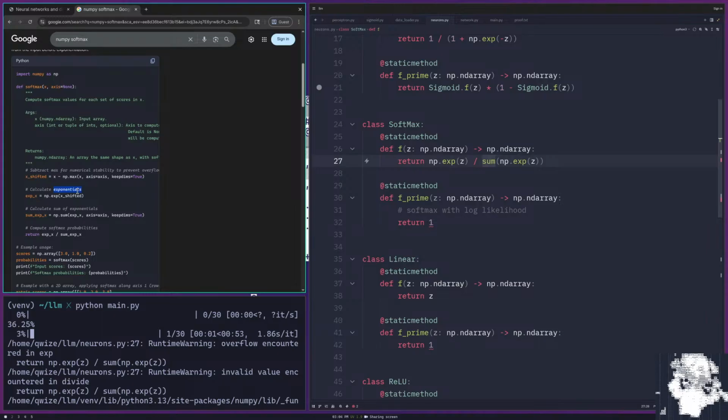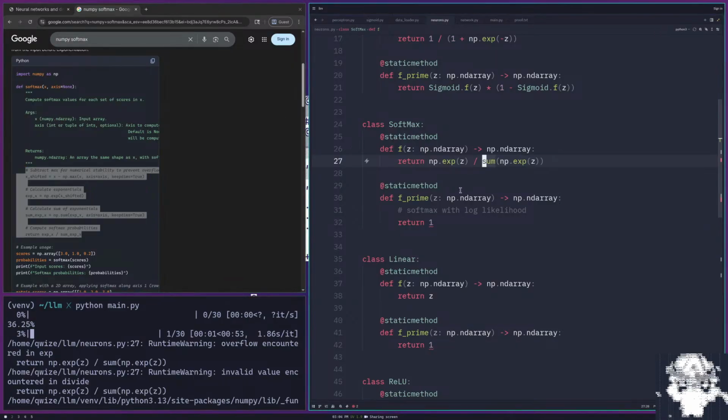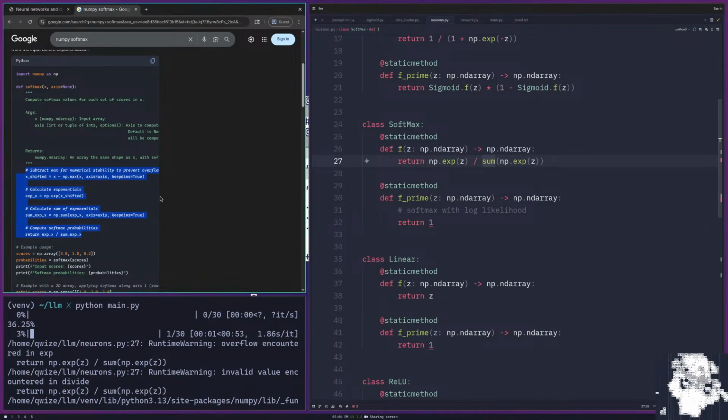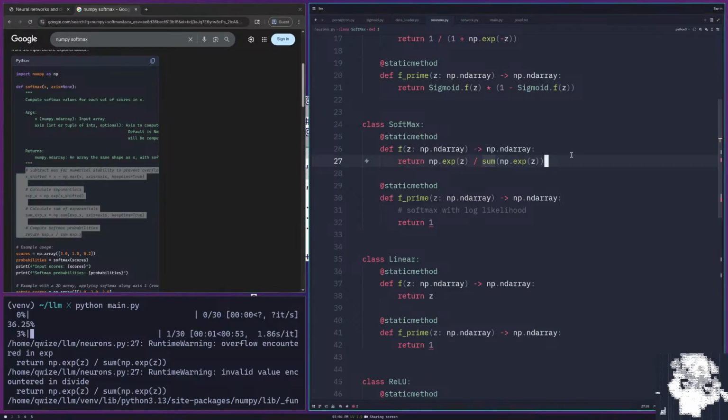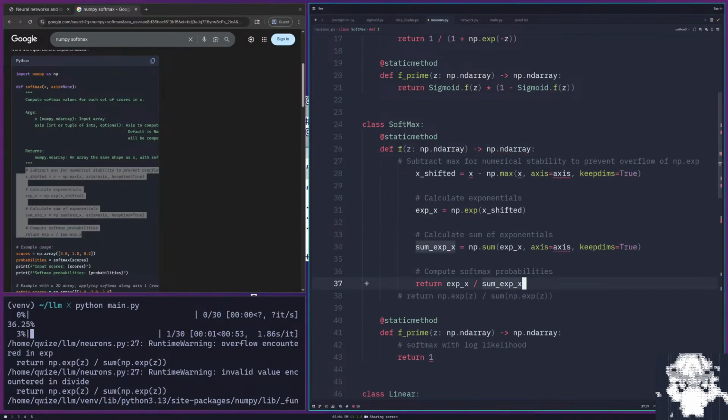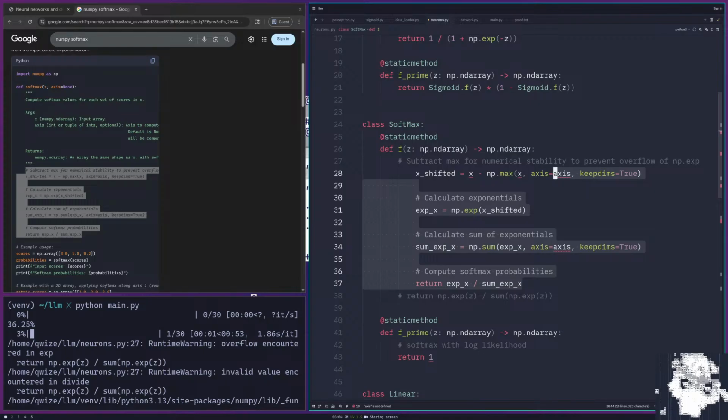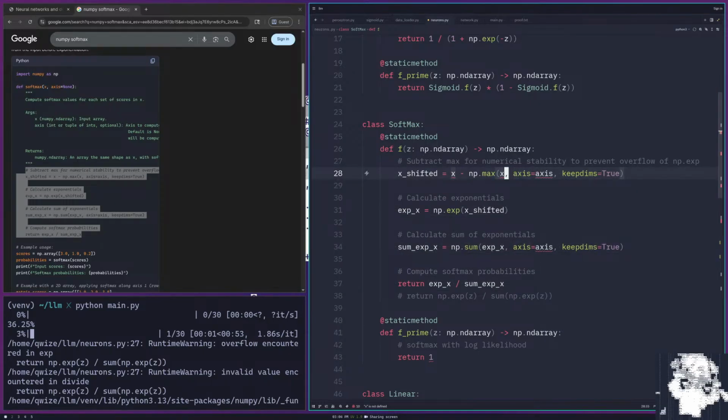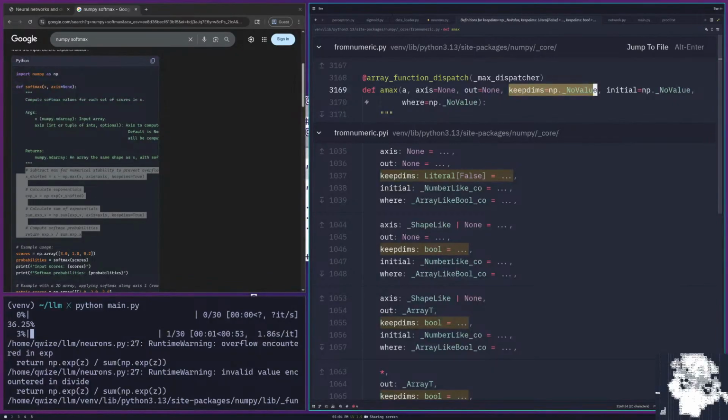Why are we shifting X? It almost makes sense to me. Keep dims default true?